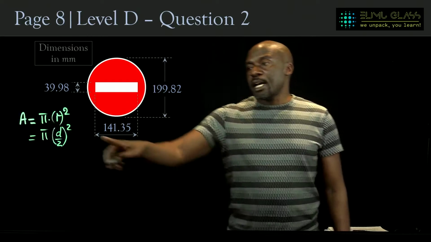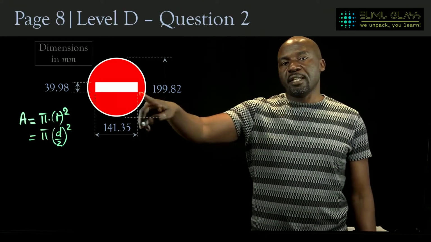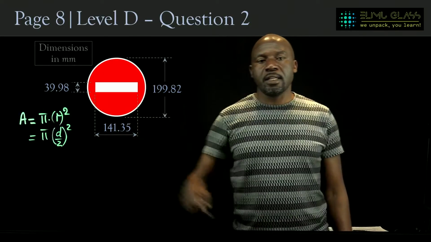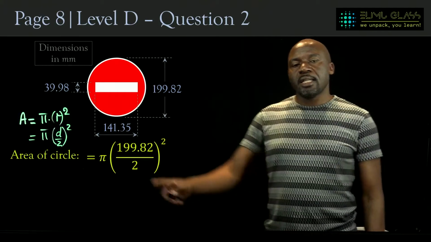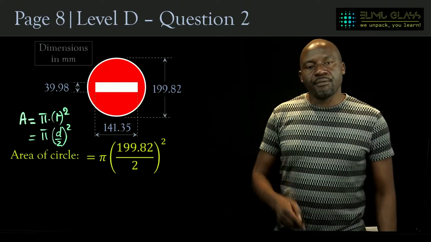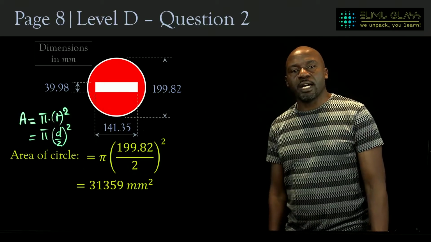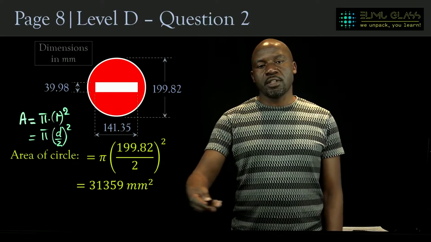And so our diameter is 199.82. We need to divide that by 2, right? So the area of the circle is pi times the diameter divided by 2, everything squared. If you work that out on a calculator, you get a very, very long decimal number.